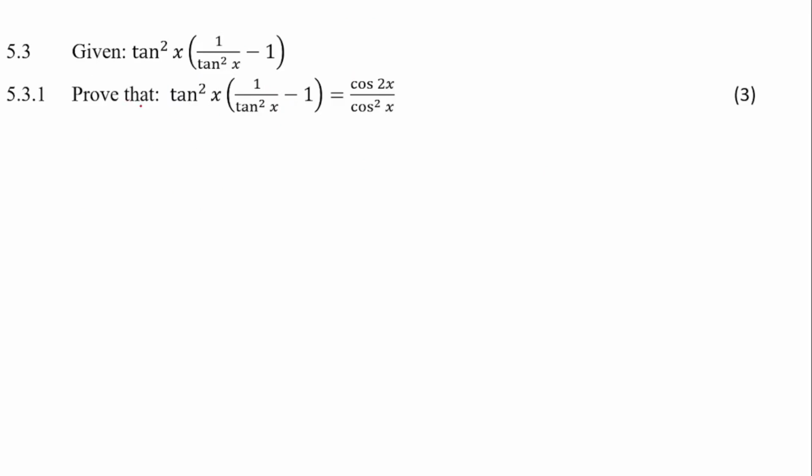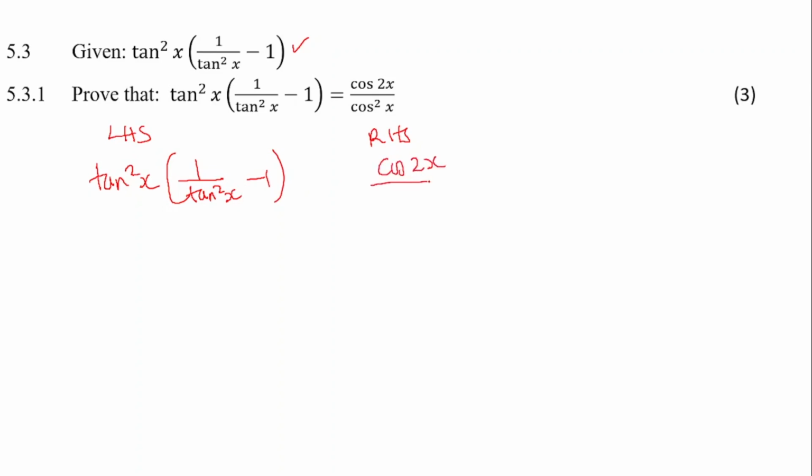In 5.31, given this expression, prove that we have to do the trigonometric identity here. So what can we do? We have the left hand side, and then we have the right hand side. So we have tan squared x times 1 over tan squared x minus 1, and then we have cos 2x over cos squared x.